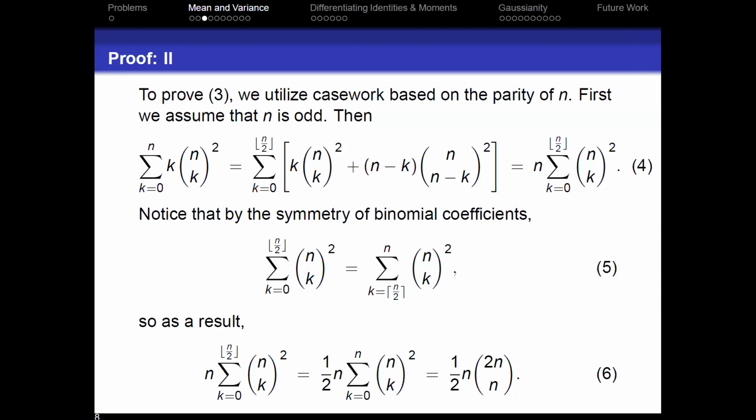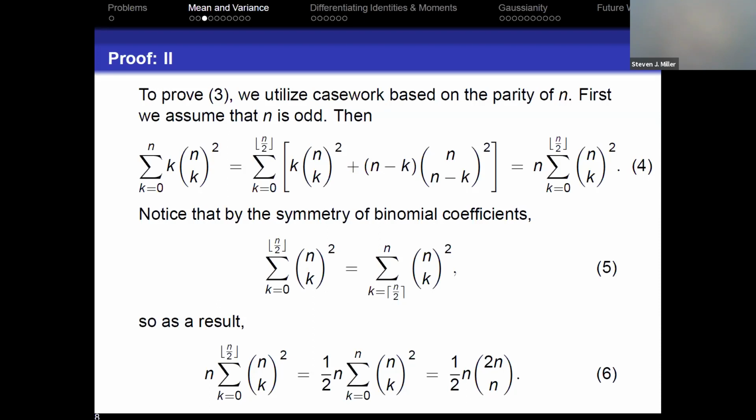And it's very advantageous to have them over the same range, because now you notice that the k and the n minus k combine and give you just n. And n choose n minus k is the same as n choose k. So the sum is just n times the sum of n choose k squared. So that's equation 4. Are we comfortable with 4?